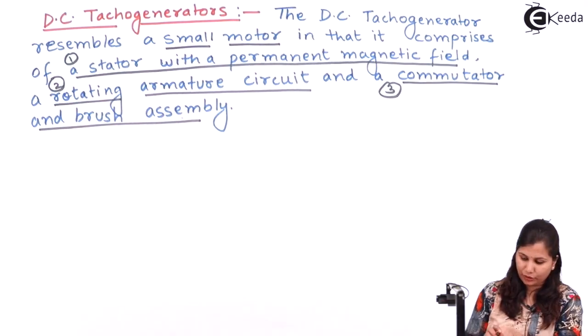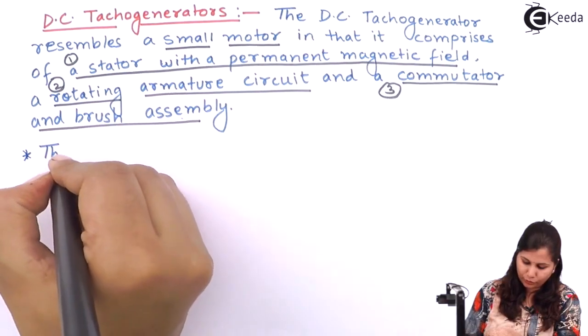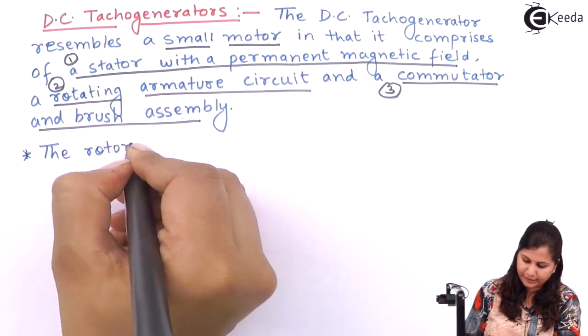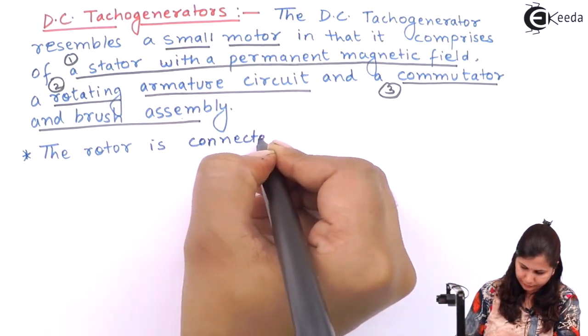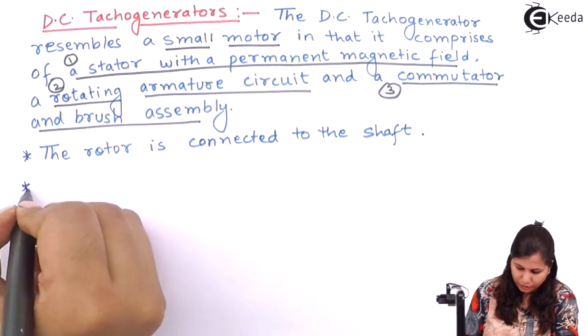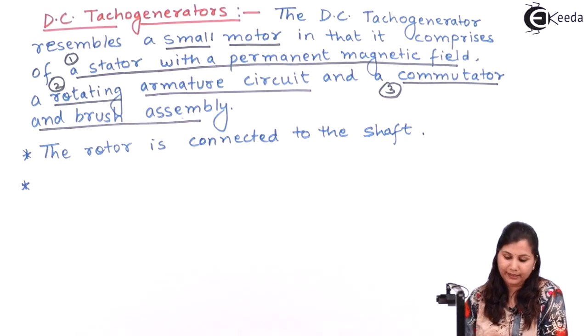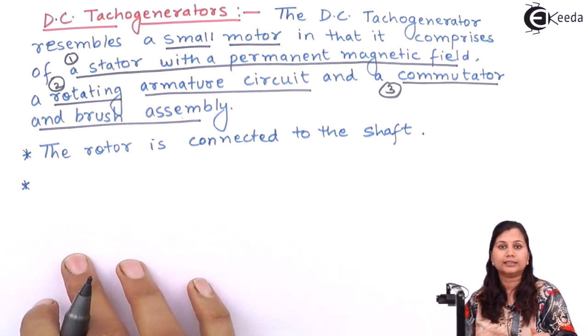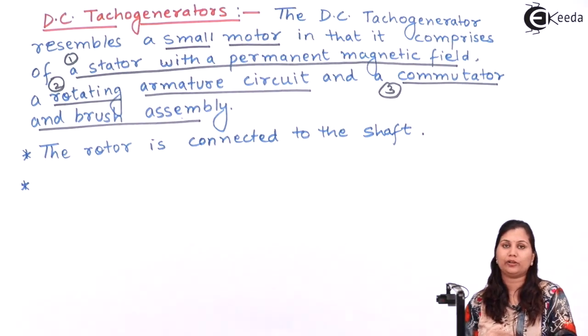So this was the construction. Now there is a rotor in it, and the rotor of the DC tachogenerator is connected to the shaft. The output voltage which we get as the output of this DC tachogenerator is proportional to the angular velocity of the shaft, because as we have studied, tachogenerators produce an output which is proportional to the angular speed of the shaft.